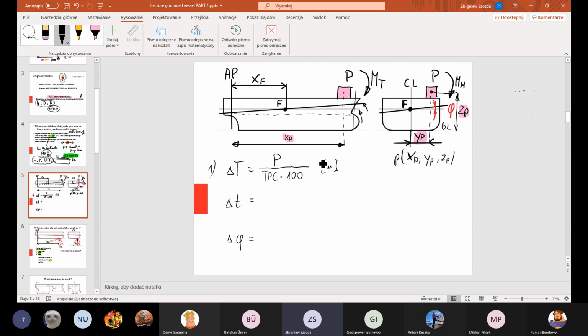During the exam, probably it will be a simple exercise: calculate change of the trim, change of the draft, if additional weight has been loaded on board the ship. It is one of the exercises which should be the easiest one for you. Okay, so next degree of freedom, change of trim, rotation.